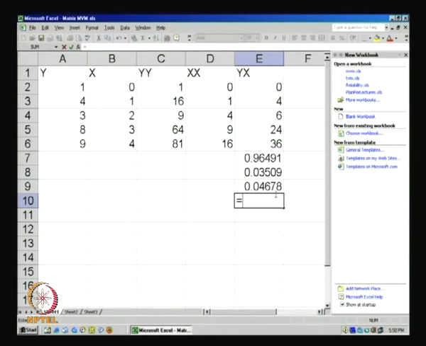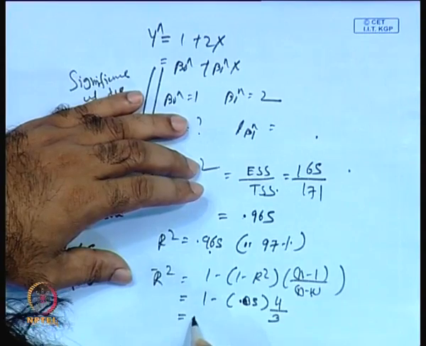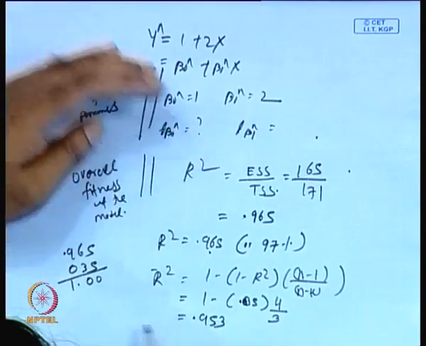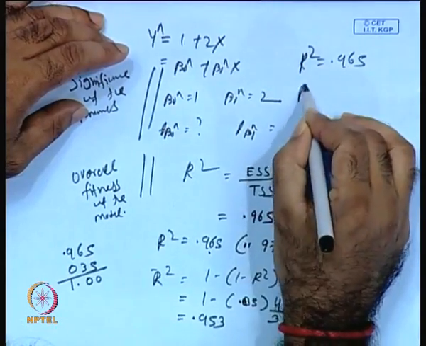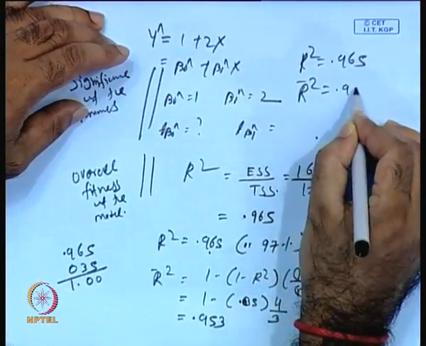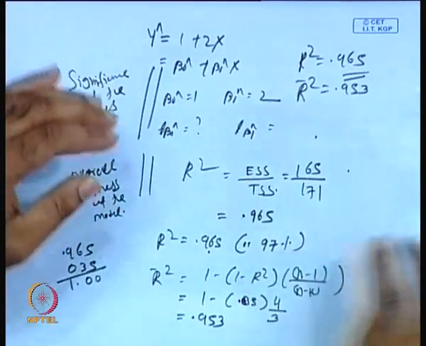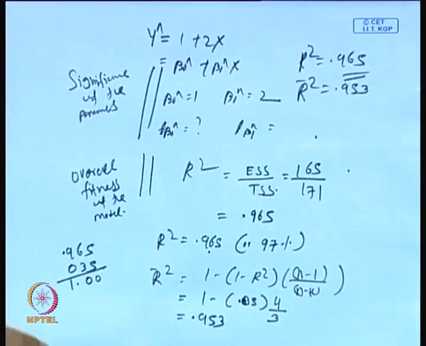So it is equal to 1 minus this much, and this becomes 0.953. So R-square is equal to 0.965 and adjusted R-square is equal to 0.953. There is a difference, and that difference is mostly because of the adjustment for variables and the sample size. That means it is mostly with respect to degrees of freedom only.